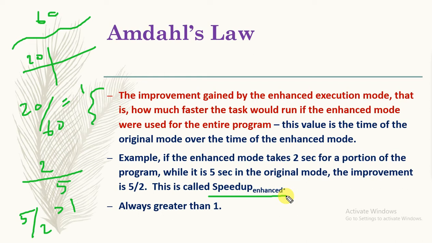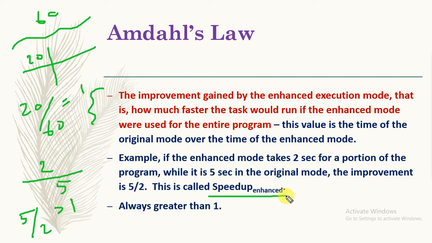The second point is, if you reduce the time from 6 to 2, or from 10 to 5, whatever it may be, the original time was 10 and after enhancement the time became 5. So how do we calculate the speedup enhanced?